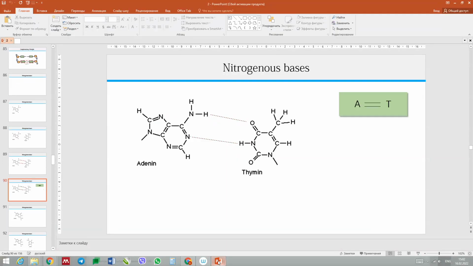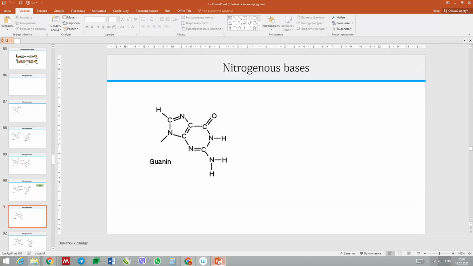So this is why adenine can be connected with thymine with two connections, because they match each other in terms of their three-dimensional chemical conformation.